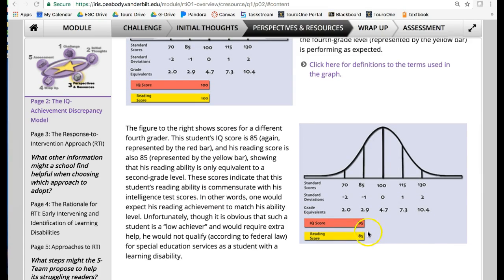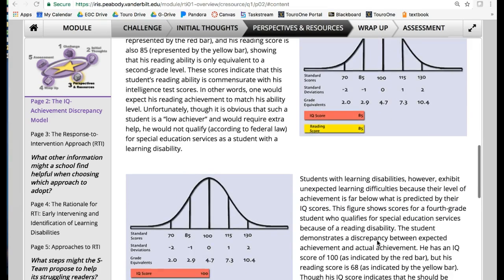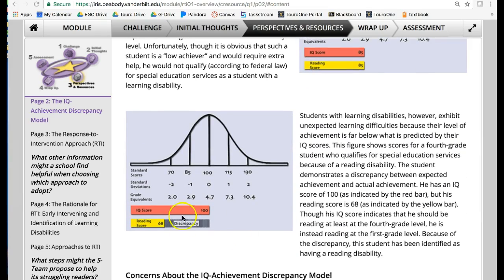And same thing if both scores are low. So say their IQ score is 85, but their reading score is about an 85, then that makes sense. And so then they're called a low achiever. Then according to federal law, you wouldn't necessarily help them out there either. Then you have the student whose IQ is about 100, but his reading score is about 68.